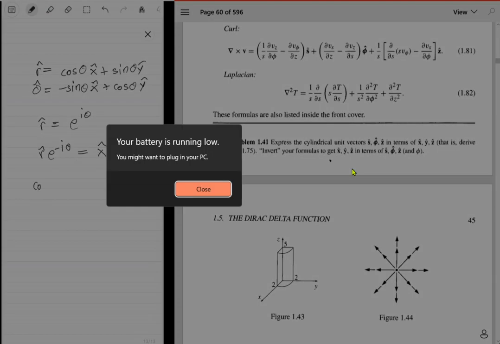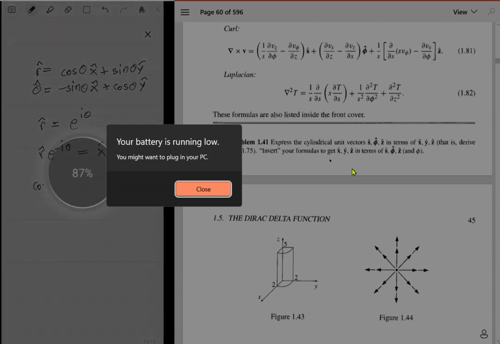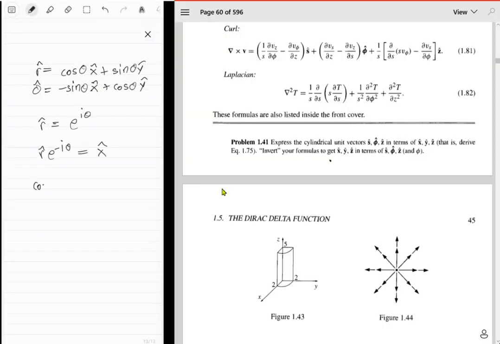So you get cosine theta r hat, and then there's negative iota sine theta r hat. Iota applied to r hat is just theta hat, of course. So just a negative theta hat sine theta. So that is our x hat.